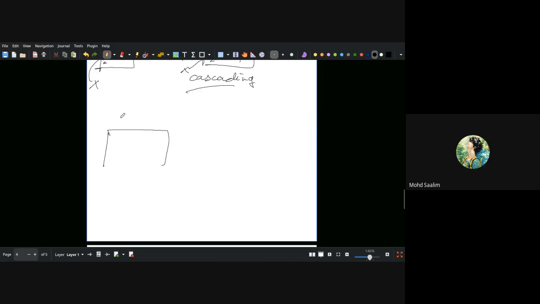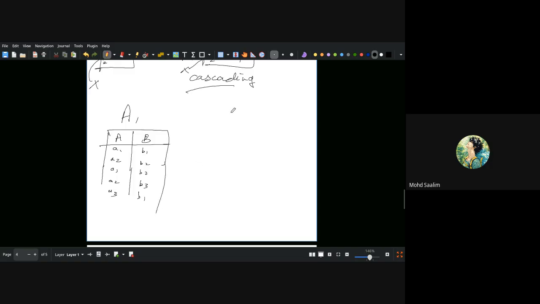If we have a table A, and in this table I have two attributes A and B, let's call it A1. Here I have A1, A2, A3, and here I have B1, B2, B2, B3, B1.